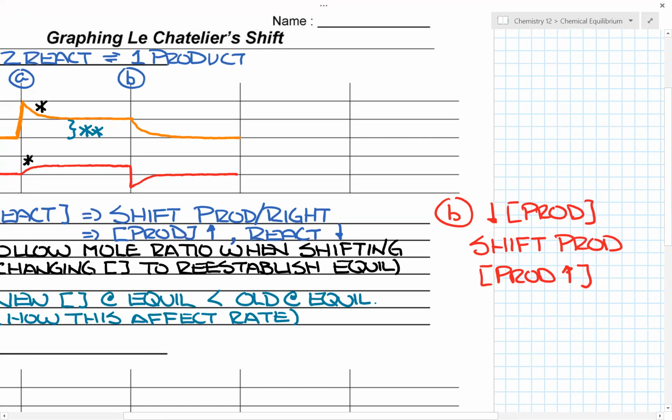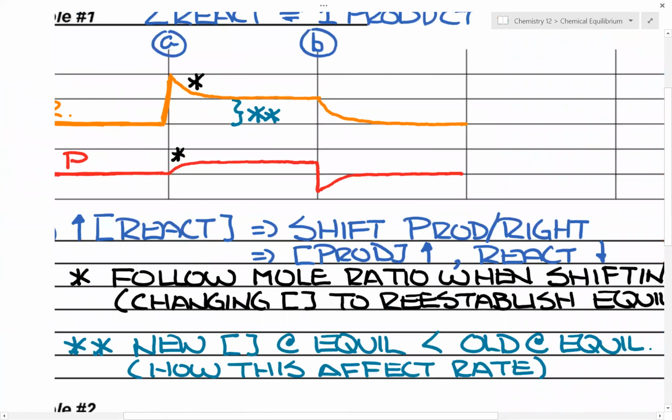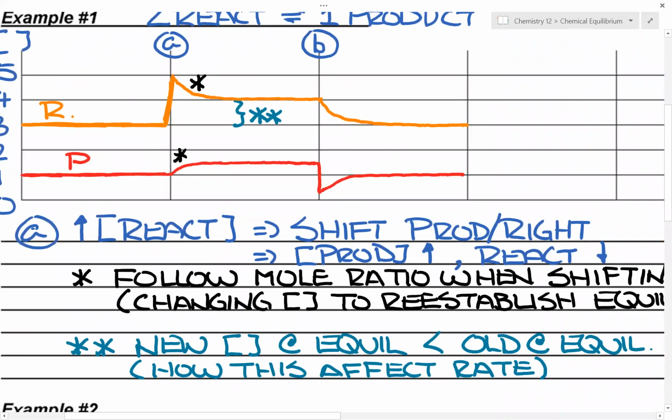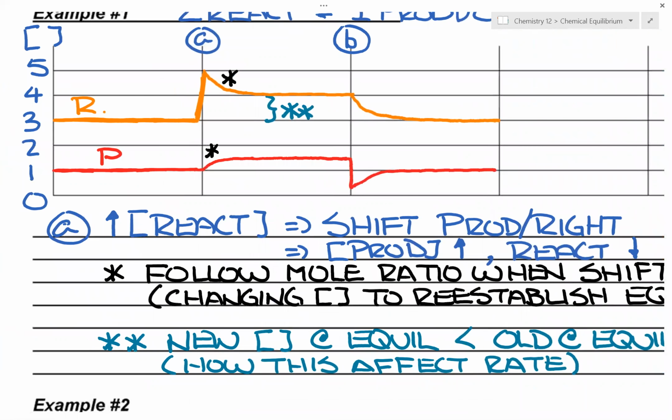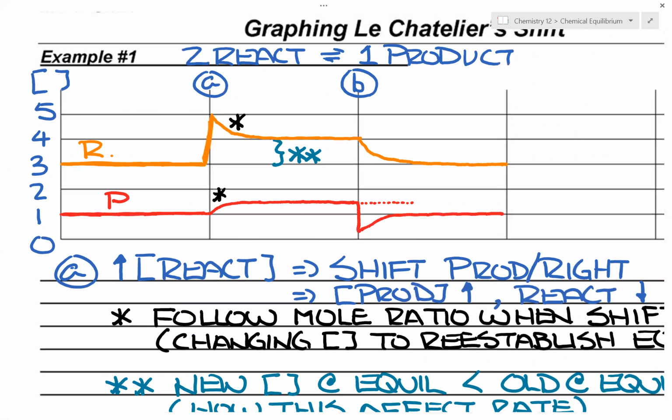Now notice again, my products did not go back to the original concentration. Please be aware of that. This is typical of changing the concentration of reactants or products. You usually get one peak.